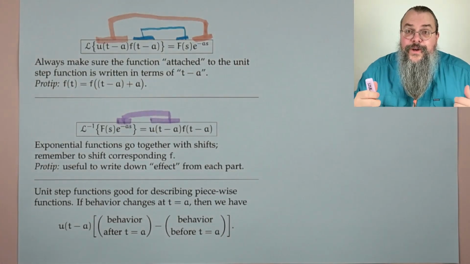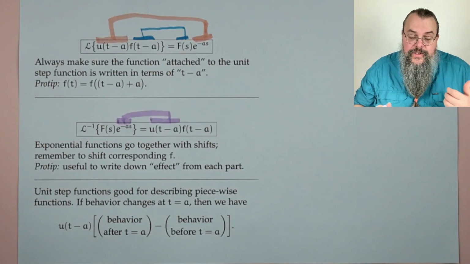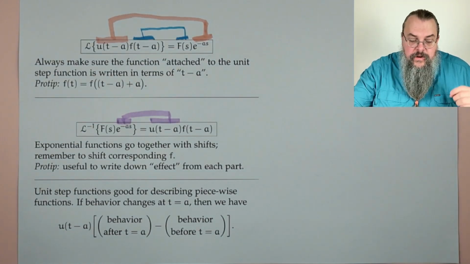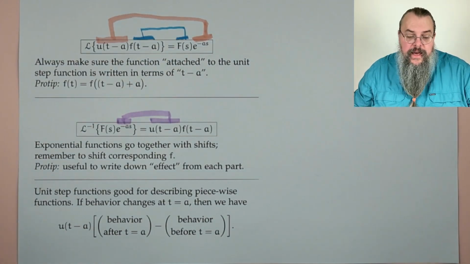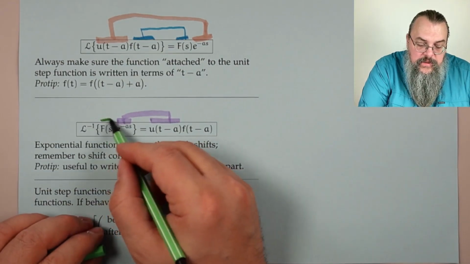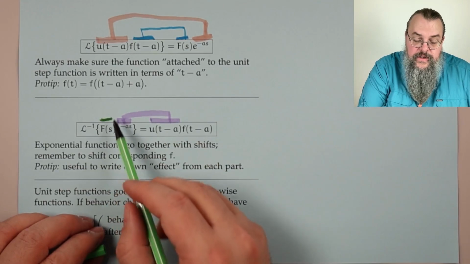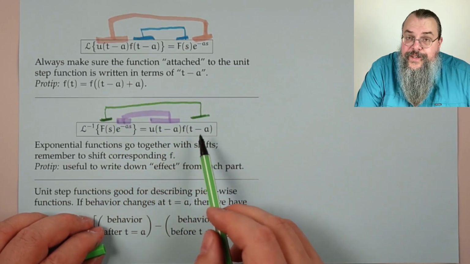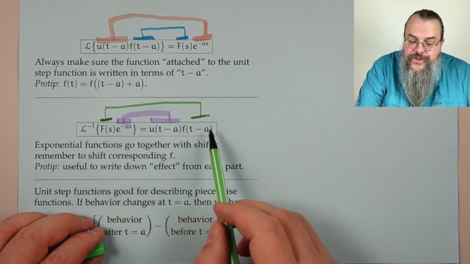It's a shift over by a. So I know that there's something happening at a. And then, to figure out what's attached, take the inverse Laplace of this part, and then don't forget to shift it. So you have to make sure to shift.